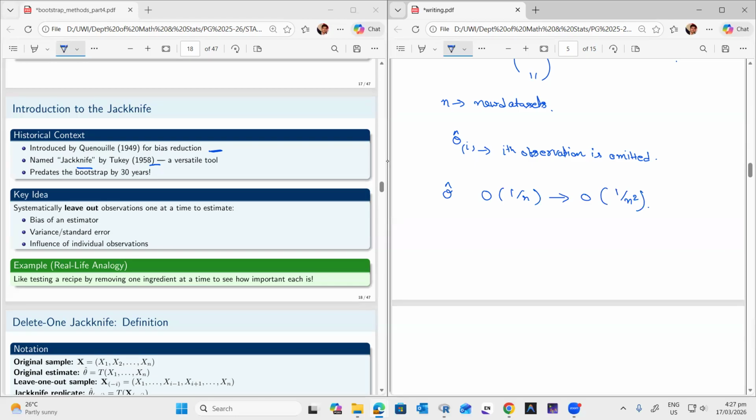Tukey proposed using the variability among the jackknife replicates to estimate the variance of theta cap.